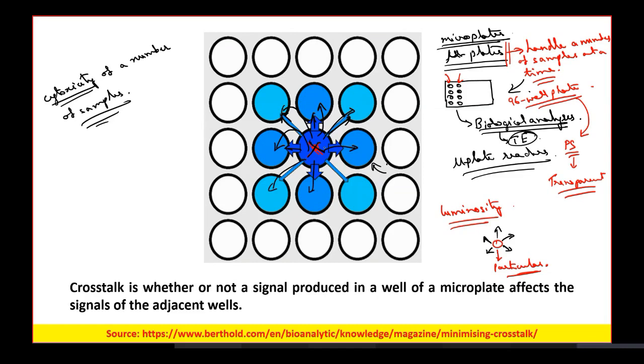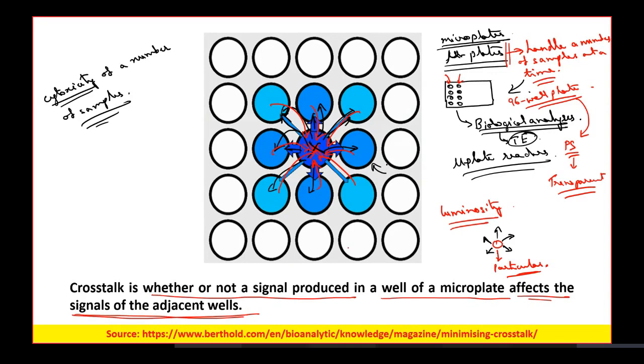It is not just from here to here, it is also reciprocal. These other wells are also contributing some photons to the central well. So there are chances that a signal produced in a well of a microplate affects the signals of the adjacent wells. This is called crosstalk.